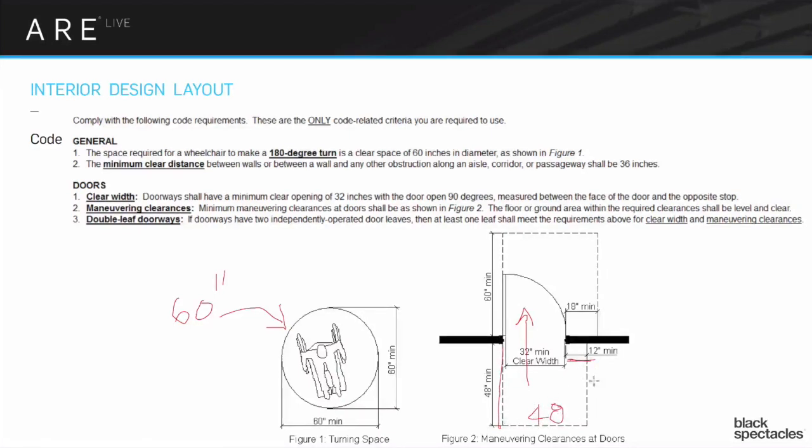So I have a 48 by 48-inch box that nothing else can encroach into. And that's in order to allow somebody in a wheelchair to be able to pull up and get to that door handle. On the pull side, so on this side, if I'm approaching this door from this side, I need to have actually 18 inches and 60 inches of space for that to work. So that ends up being a big box.